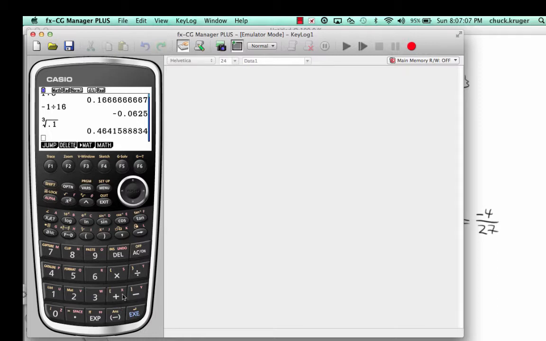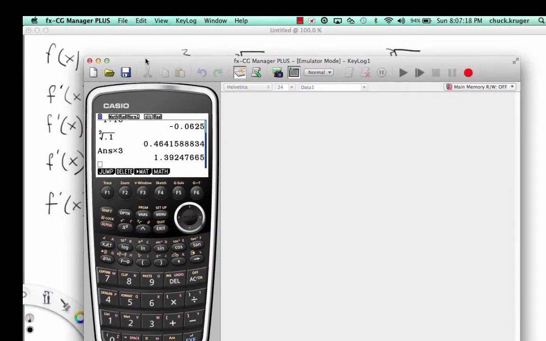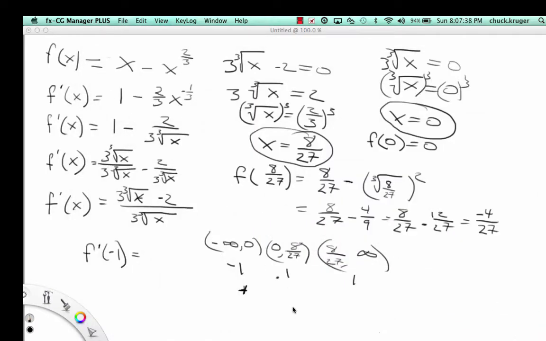That's going to give me 0.464, times 3 is 1.392. I want 2 divided by that answer, and then 1 minus that answer. All I'm looking for is that it's negative, so this is negative here. And when I plug 1 in there, again, I'll have 1 minus 2/3, so it's positive.